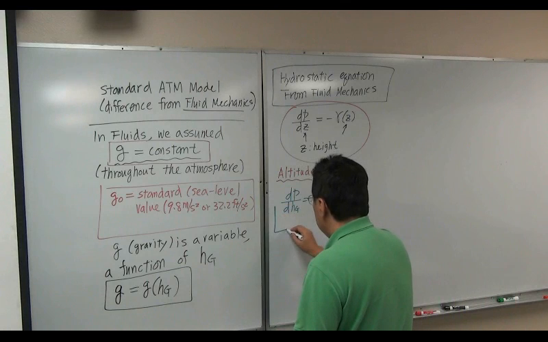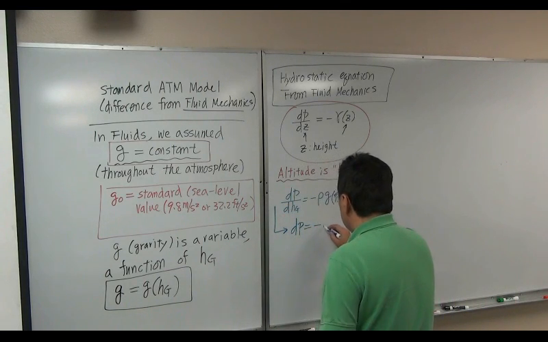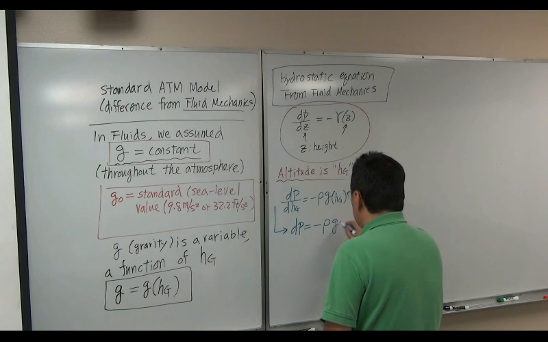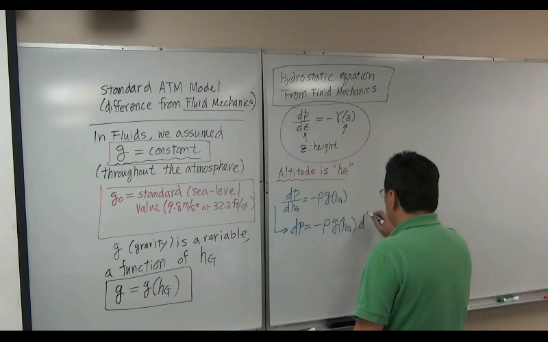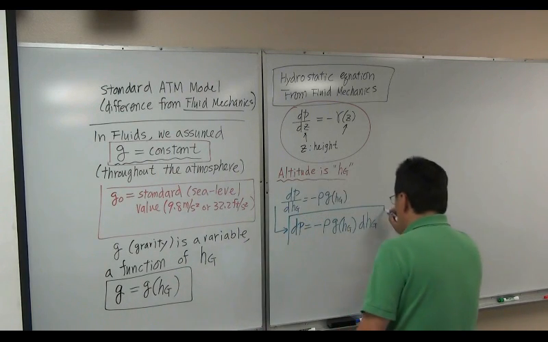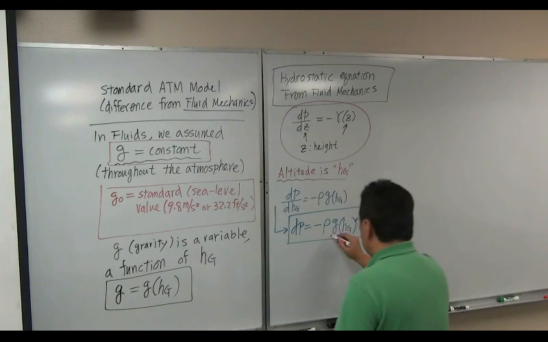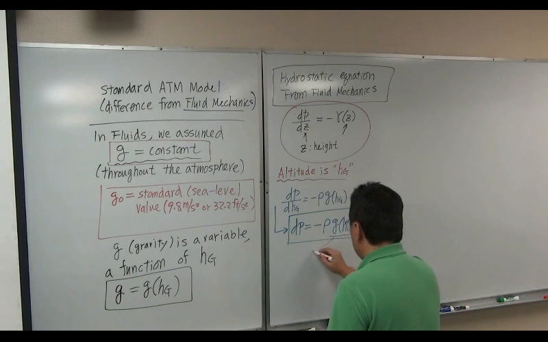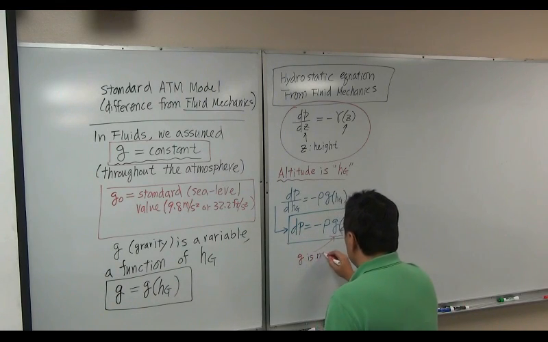So this actually tells you what dp is. dp is equal to minus rho times g dhg. Keep in mind g is a function of hg. The important thing is this: this equation tells you that gravity is not a constant.